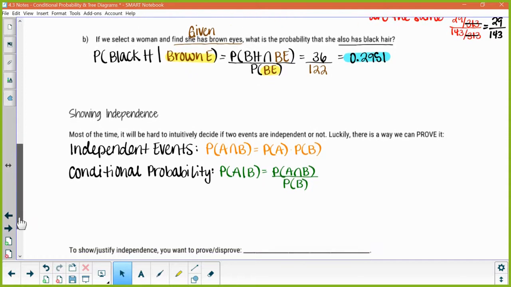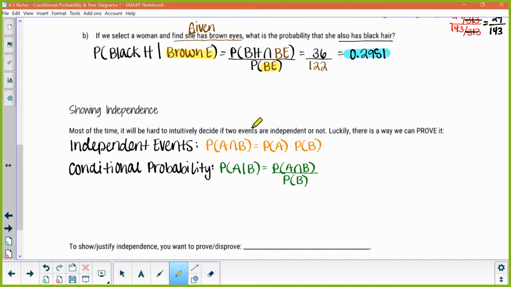Well, if my events are independent, if they have no influence on each other, then the formula for probability of A and B should fit here. So I'm going to substitute. I'm going to take probability of A times probability of B, and substitute it in for the "and" statement.